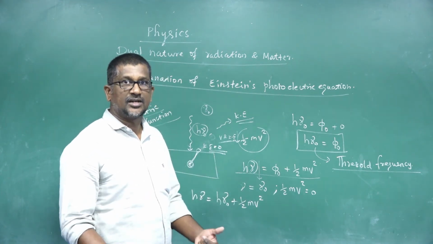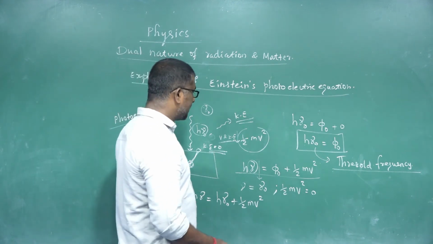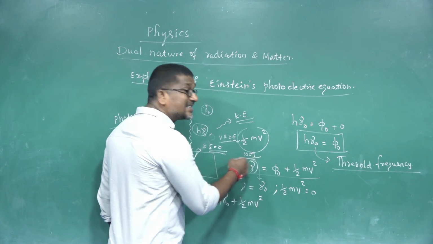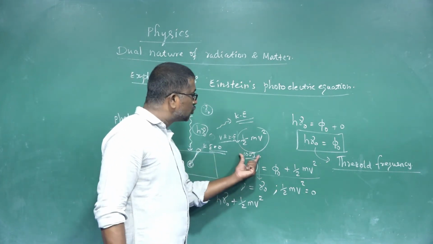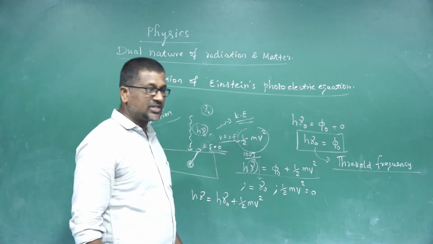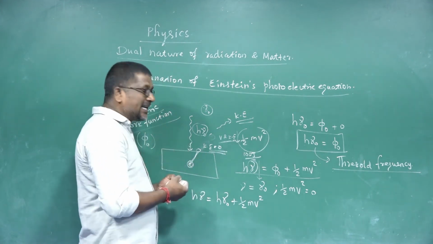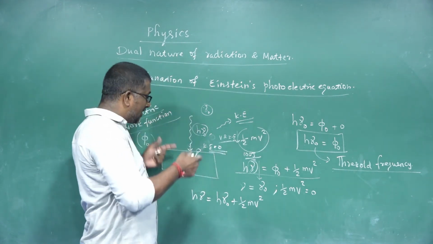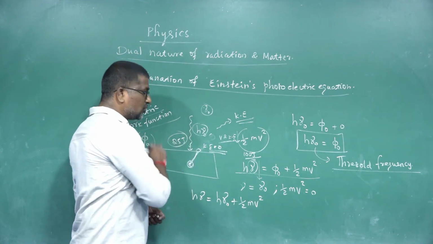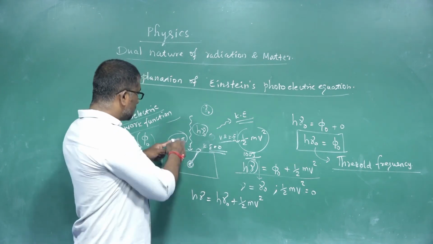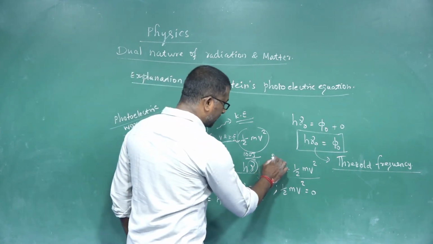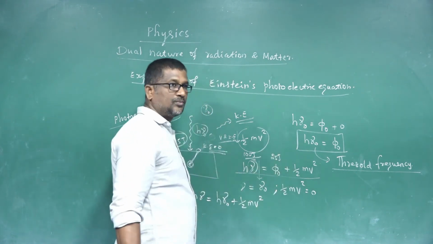Suppose the energy of the incident photon is, for example, 100 joule, incident on the metal surface. The minimum energy required to eject the electron from the metal surface is, suppose, 25 joule. This is called the photoelectric work function of the metal.